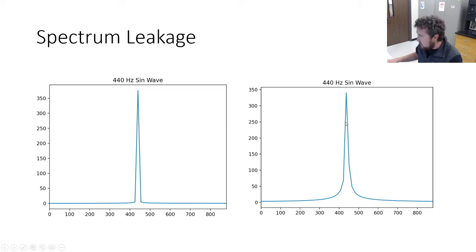If you've ever looked at a physical sine wave on a spectrum analyzer, like in your lab 3 class, it's going to look like this because, like we said, all real signals are not periodic, and so you always have some spectrum leakage on the edges of a signal.